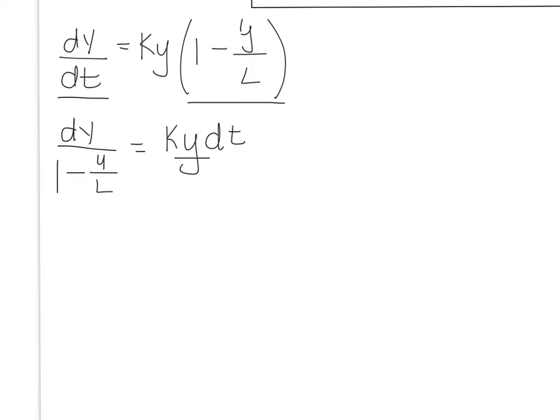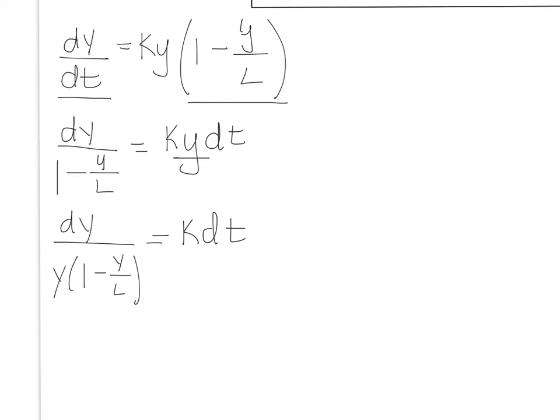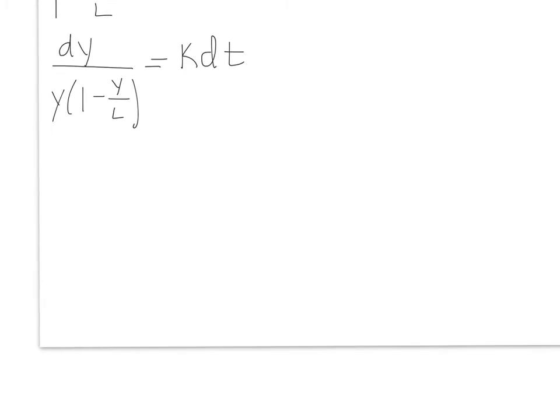And L is a property of your particular population, so that would be given, or you would have enough information to find it. Okay, so let's divide both sides by y, and that will give us dy over y times this quantity, equals k dt.